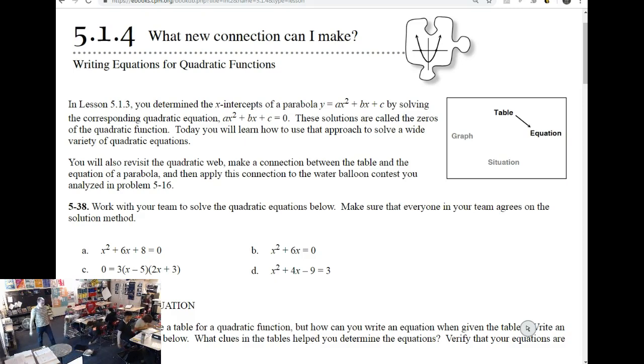Alright, so we are continuing our study of quadratics. I'm waiting for people to be ready to go, but it is testing patience. I'm ready.